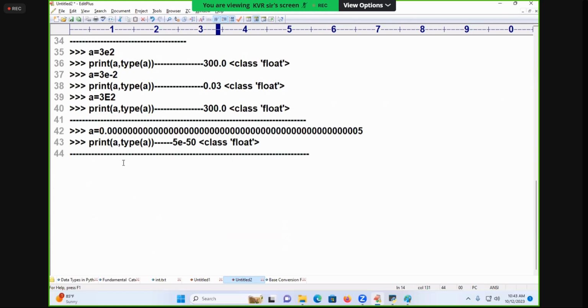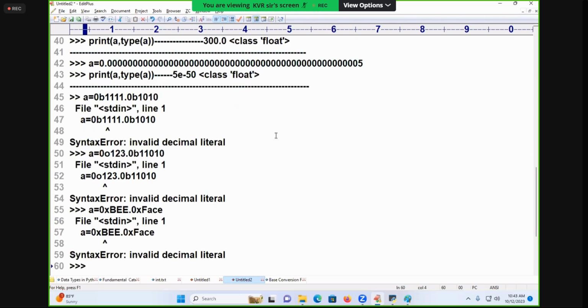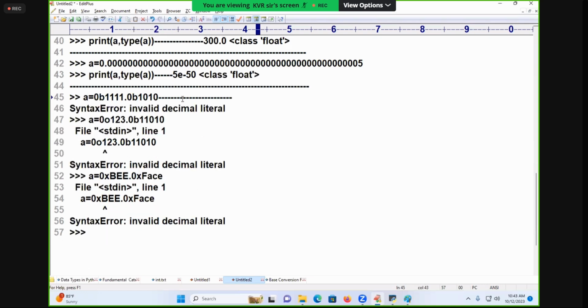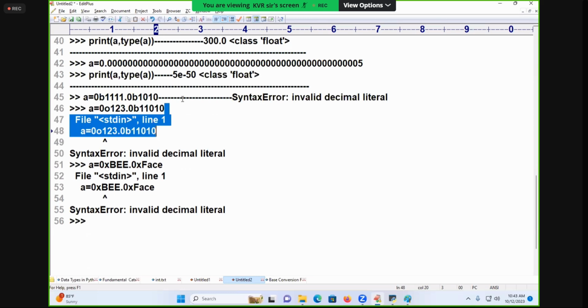Then you take an example. Don't learn theory. These are all called beautiful properties. Error. See students, error. Next is also error.